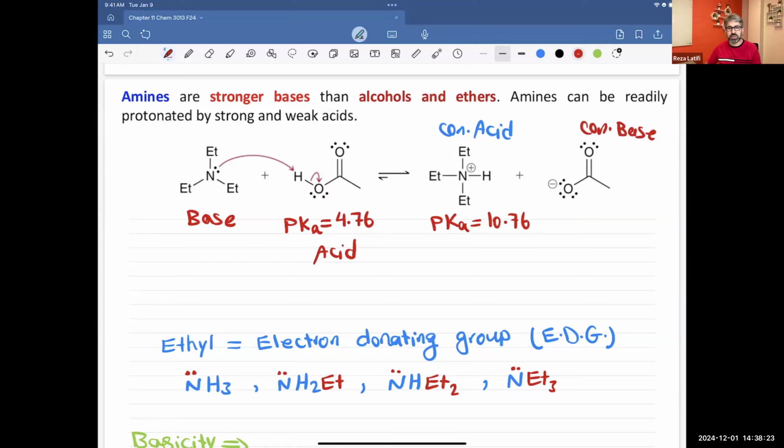The reaction is going to move to the right side. The reason behind it, as you see, is that the pKa of the product is higher than the pKa of the starting compound. That means we got a weaker acid, and the reaction will move to the side that has the weaker acid. And as you see, equilibrium is favoring the product side.